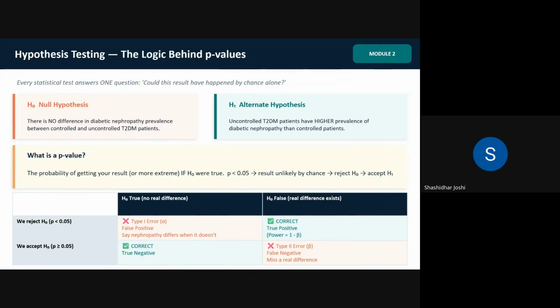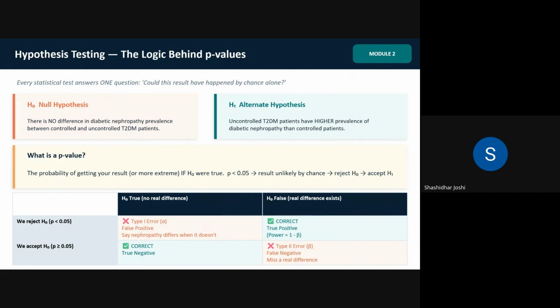What is the null hypothesis? It is always a kind of no difference hypothesis. If I take your first research question, the null hypothesis is that there is absolutely no difference in diabetic nephropathy prevalence rate between controlled and uncontrolled type 2 diabetes patients.